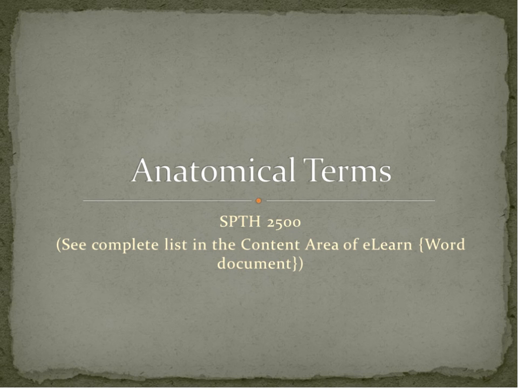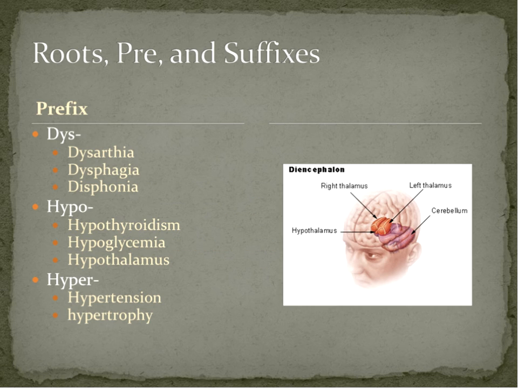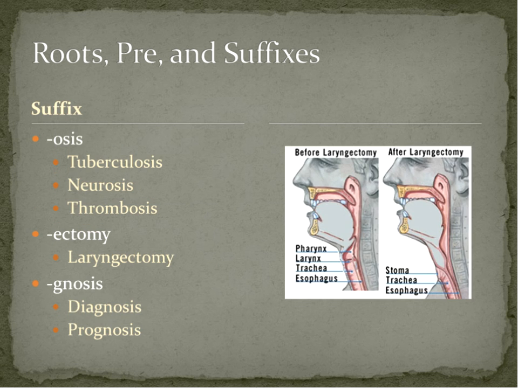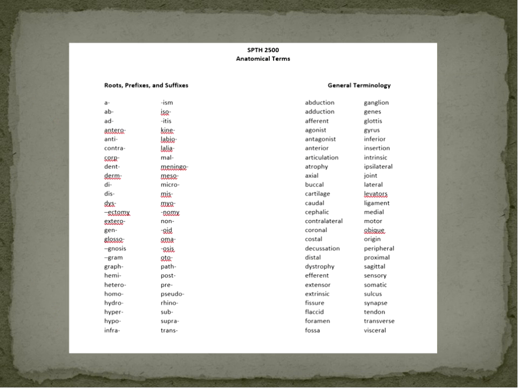Okay, let's look at additional anatomical terms. And again, a complete list is in a Word document in the content area. Let me show you the list. This is the list that I need you to know. And so that's something that you can work on tonight.